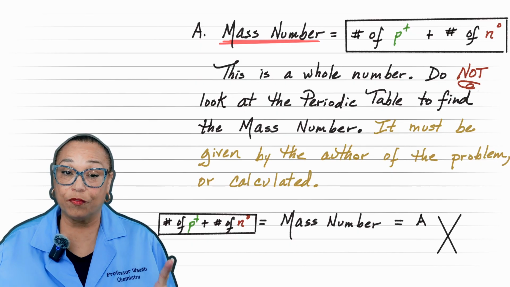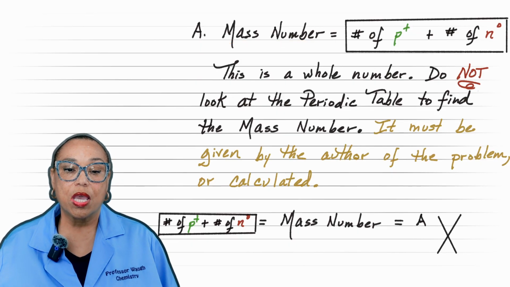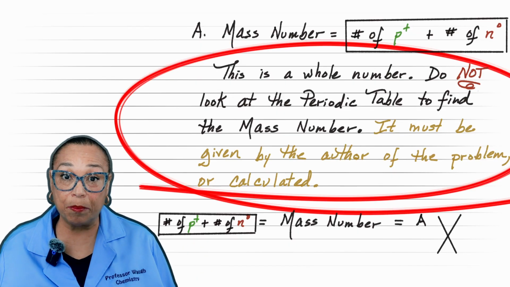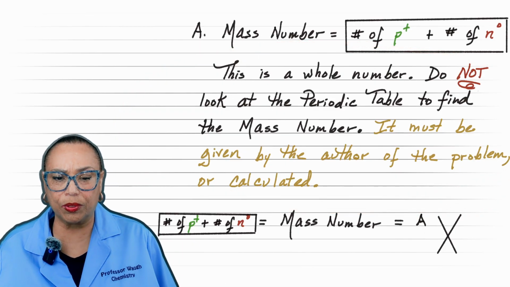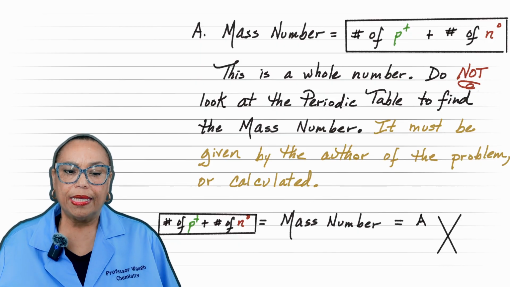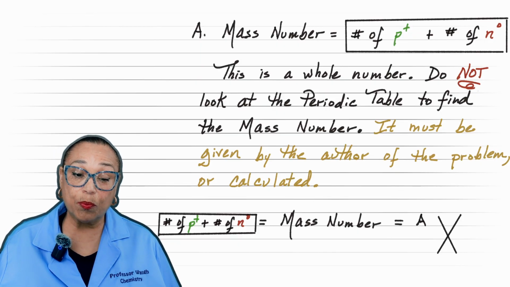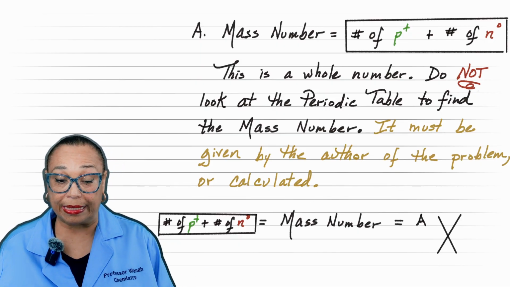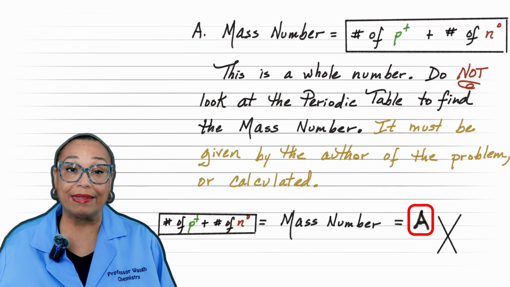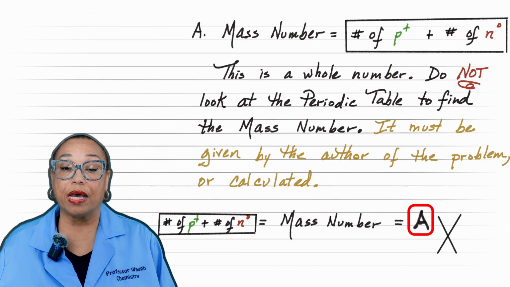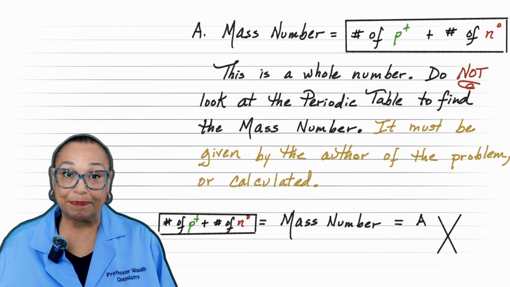You know that, and if you don't, look at our old videos. This has to be a whole number, so do not look at the periodic table to find the mass number. It has to be given by the author of the problem, or you have to calculate it. The mass number is represented by the letter A, and it goes in the upper left region next to the symbol of the element.